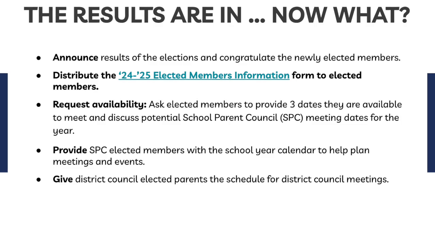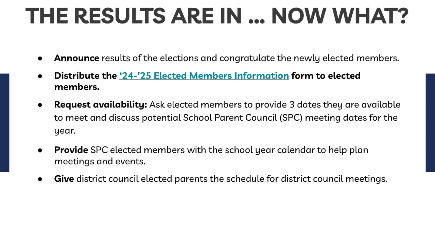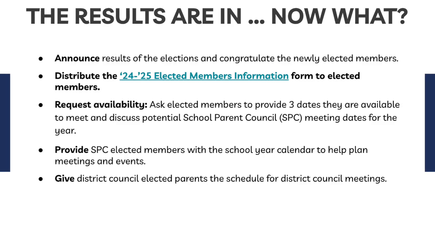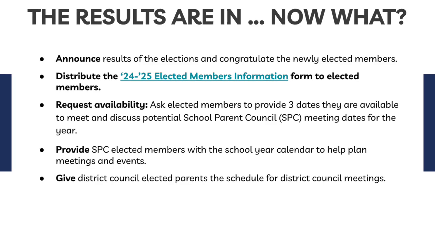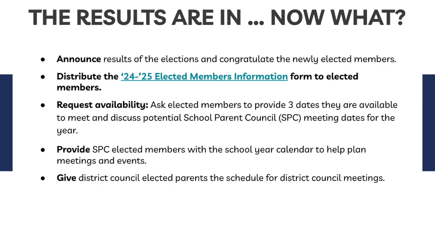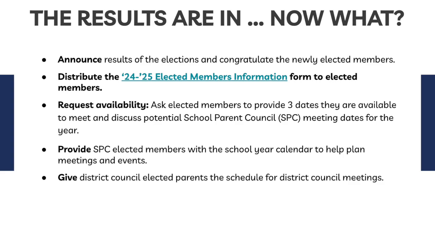We'll also give district council elected parents the schedule for district council meetings. We want to make sure all members for both school parent council and school site council are knowledgeable and aware of the meeting dates and the resources available to help them be successful in their roles.